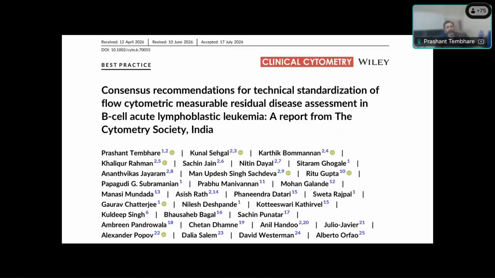This consensus guideline gives the details of which panel and which markers you should use, how to approach analysis, how to standardize your instrument, how to process the sample, and how to transport the sample. All details are given in this consensus guideline. If you are standardizing MRD, please refer to these guidelines because it's a detailed document recently published in Cytometry. If you cannot download it, you can email me or WhatsApp me, and I can forward you this guideline.